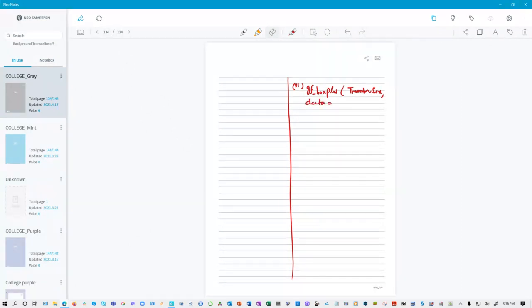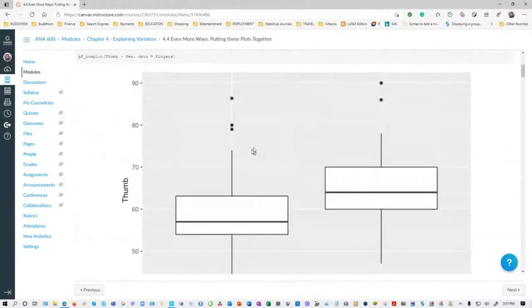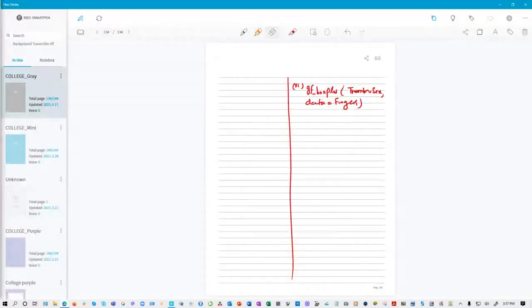Same thing, the only thing you change is the function. Fingers. That would give you the box plot for male and female. I'm going to talk about this one in detail later on, but before that I'm just recapping, refreshing your memory for what we did.